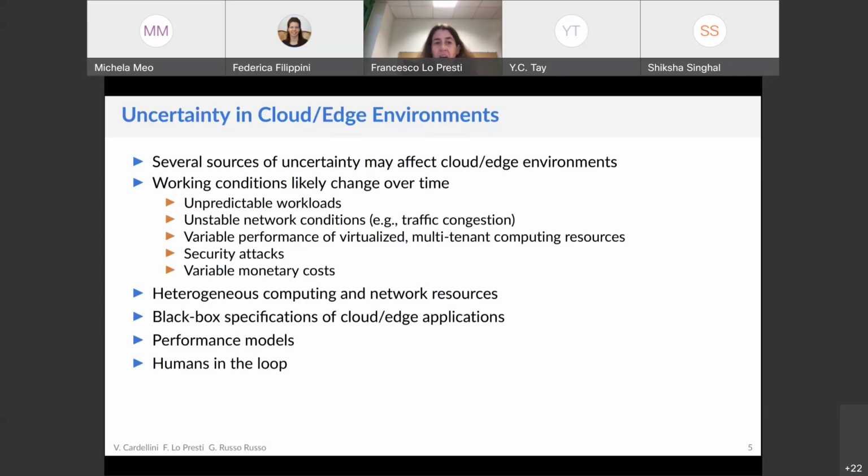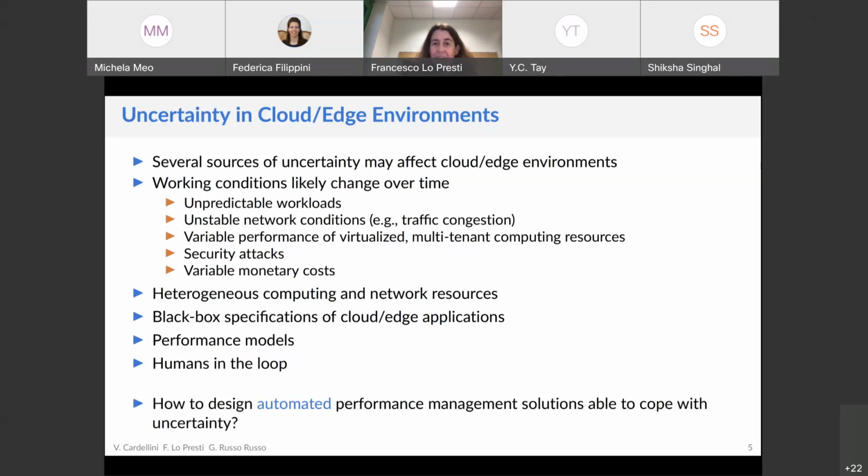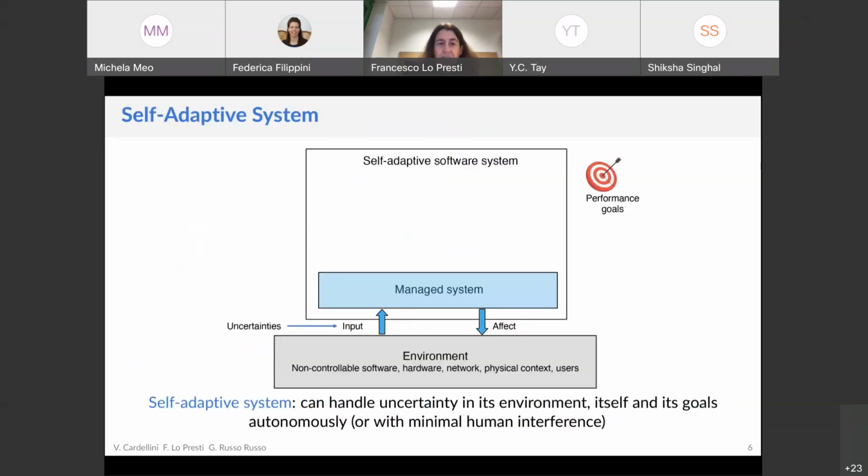So given this uncertain situation, we have many problems that can arise during the working of our application. Our question is, how can we design automated performance management solutions that are able to cope with uncertainty and are able to mitigate uncertainties?